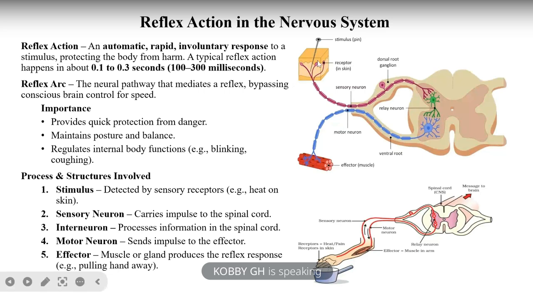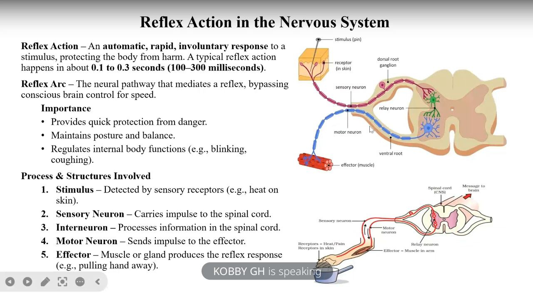Then it sends a signal to the sensory neuron, and the sensory neuron relays the signal to the relay neuron, or interneuron. Within the interneuron is where processing of information takes place. The information is processed and integrated, then a response is sent back to the motor neuron.